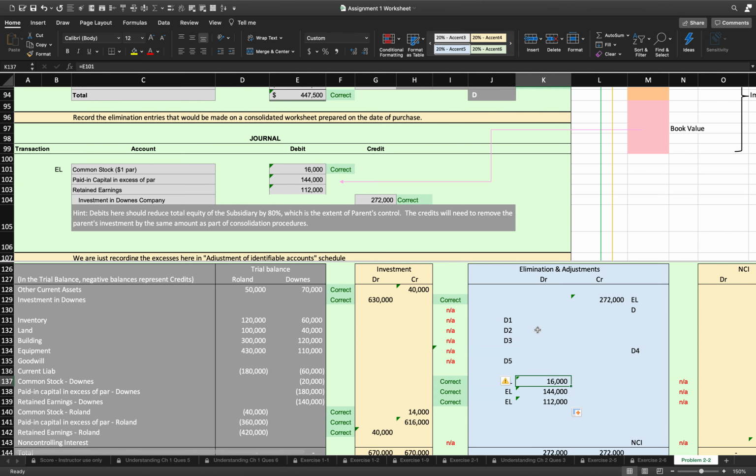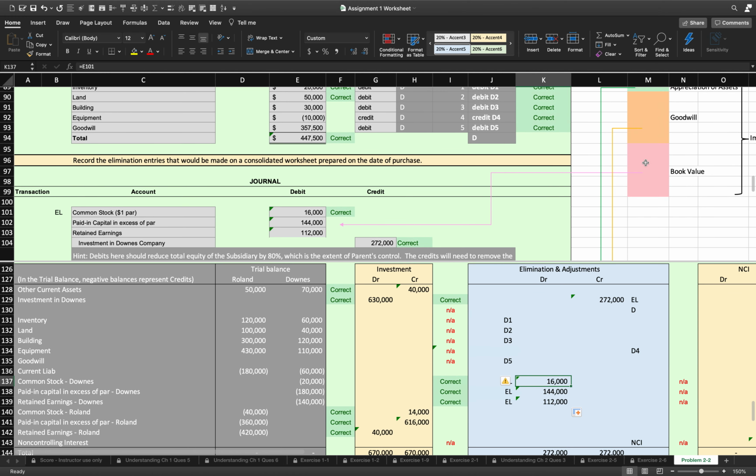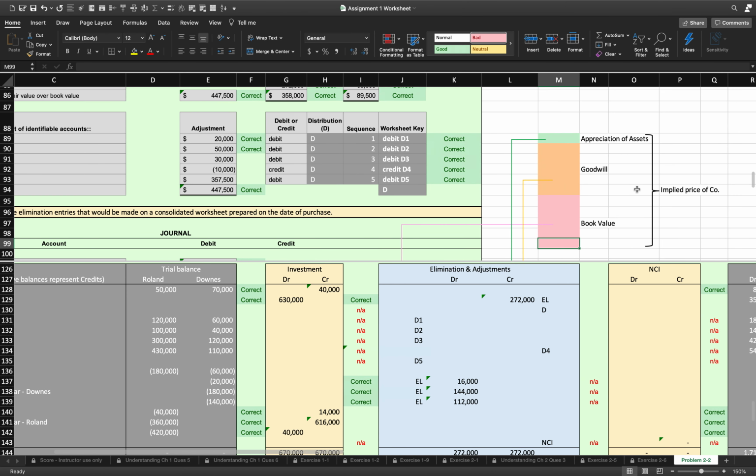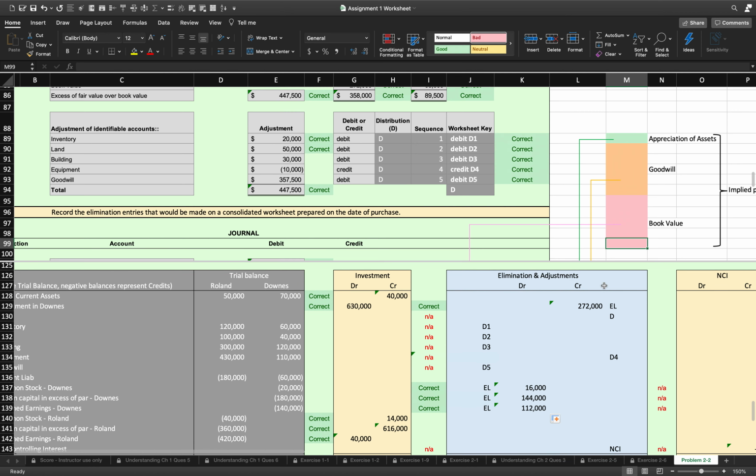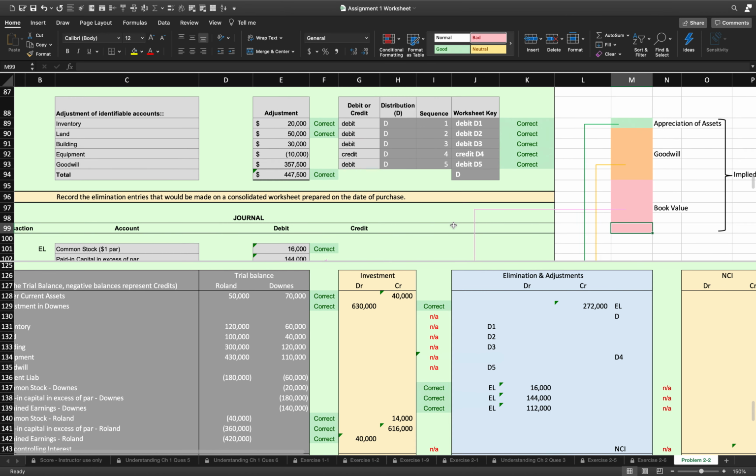All right, so what we've done so far is we've gotten rid of the book value, this pink shaded part, but only 80% of it, right? Because 80% of it is owned by the parent. The remainder 20% we'll see down here in the NCI share. But for now, we've just dealt with that 80% here. Let's see what else we have left.